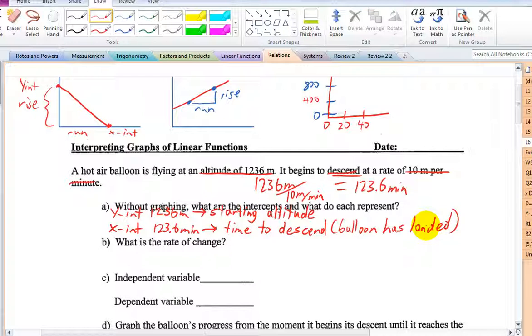Is it a positive number? No. Negative 10. This is all from yesterday, folks. 10 meters per minute. What does that mean? The balloon is descending 10 meters each minute.